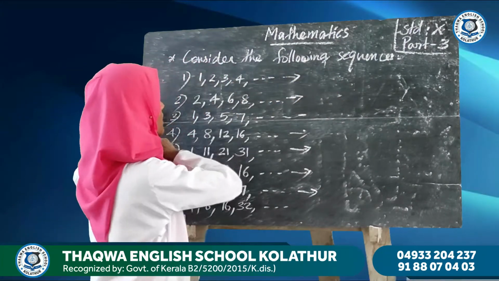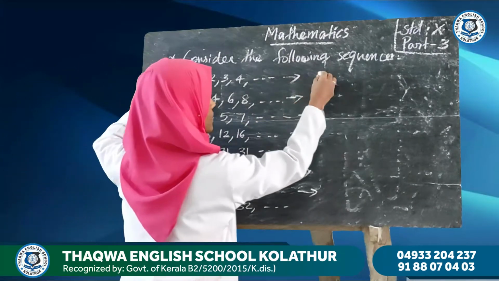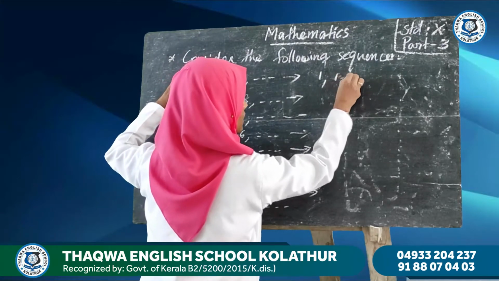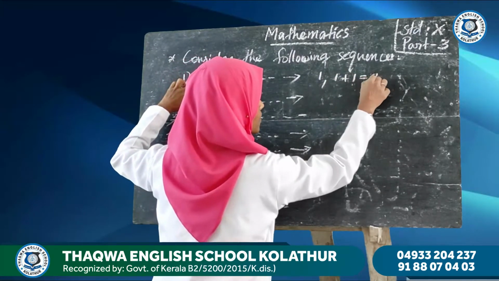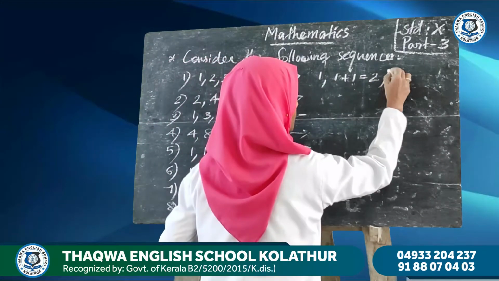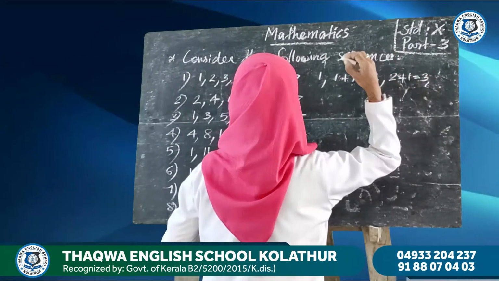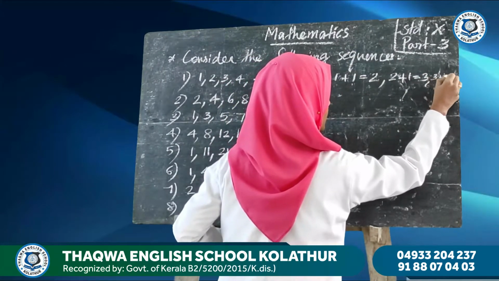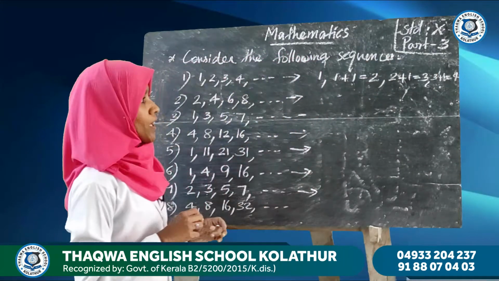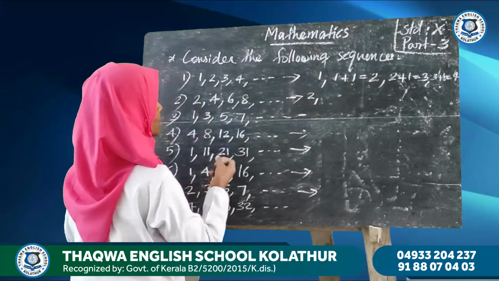In the first sequence we start with 1. The next, 1 plus 1 is 2. Next, third term, 2 plus 1, 3. Next, 3 plus 1, 4. Second one, first term 2.